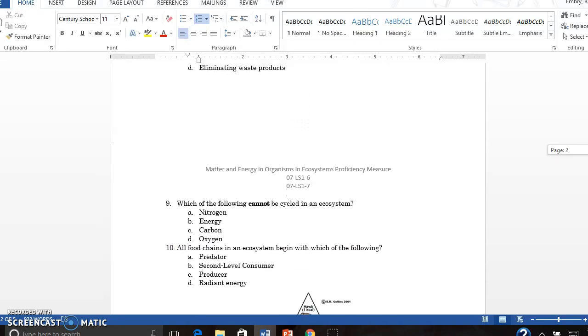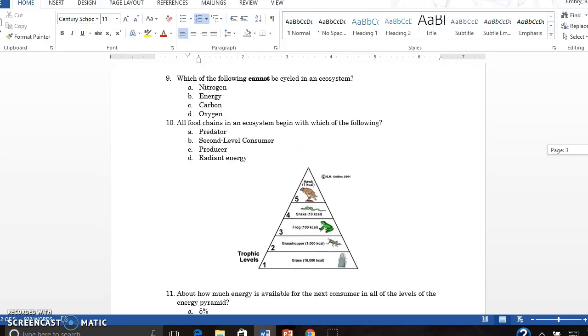Okay. Number 9, which of the following cannot be cycled in an ecosystem? Well, if you recall, we did the cycling of matter handout. There's a couple of pages that we read, and you read about the nitrogen cycle, the oxygen cycle, and the carbon cycle. Nitrogen is a gas that's in the atmosphere.